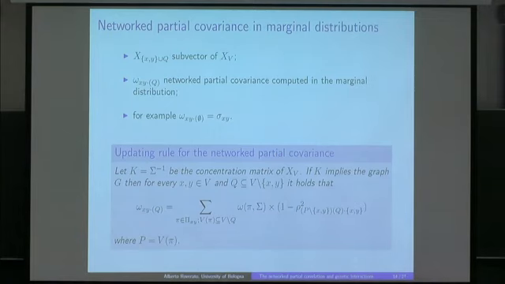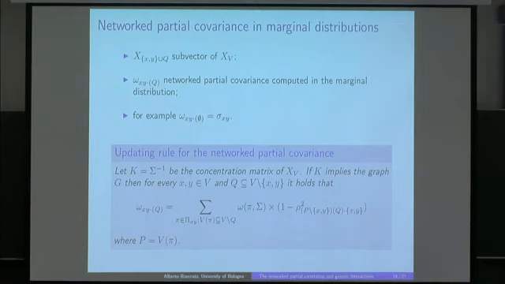I don't think I have much time to get into this, but these networked partial covariances seem to be very natural quantities to use in this kind of graph. Sometimes they are even more natural than partial covariances or partial correlations, and this is the reason why.